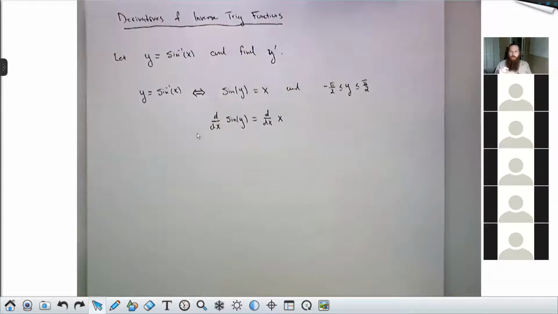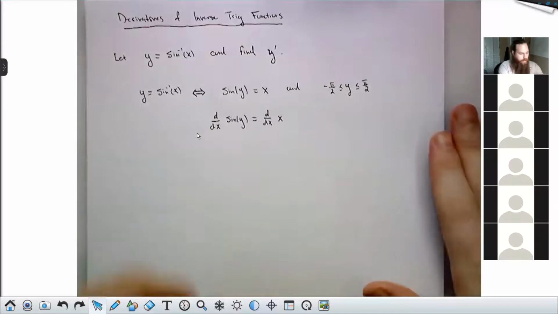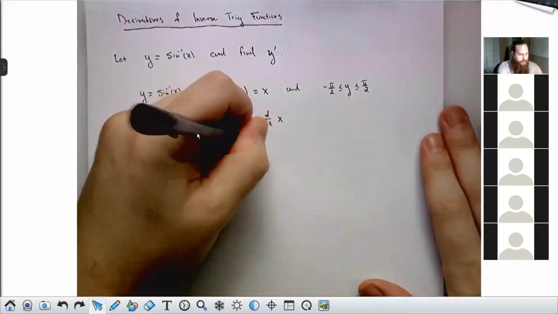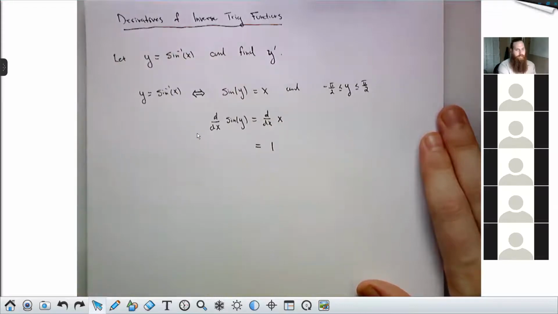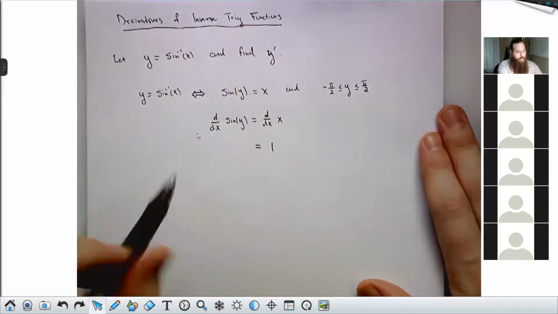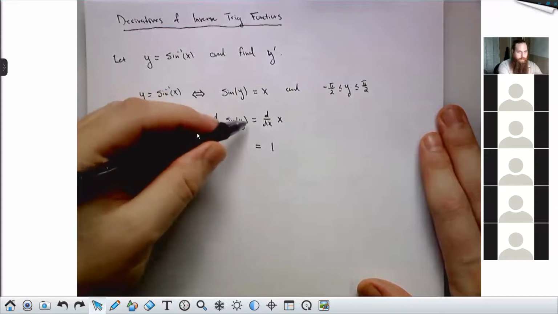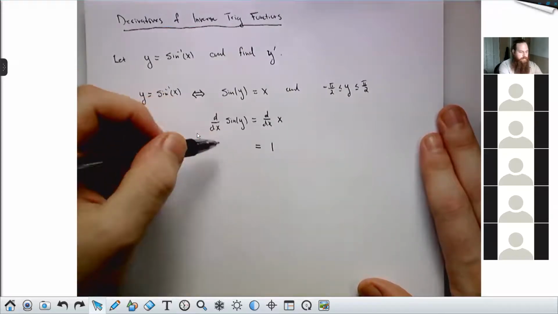Remember, my goal here is to hunt down and find y prime. On the right-hand side, when I differentiate, d dx of x is just 1. On the left-hand side, I need to use the chain rule and differentiate implicitly.